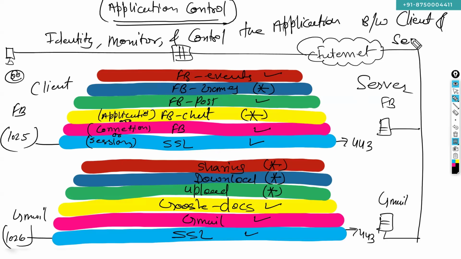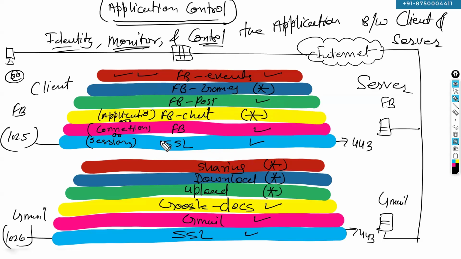When client and server are communicating, we can identify the application, we can monitor it, as well as control it. So you can say, with the help of application control, when a client is communicating with the server, we can identify that session, connection or application, as well as monitor it and allow or deny it.